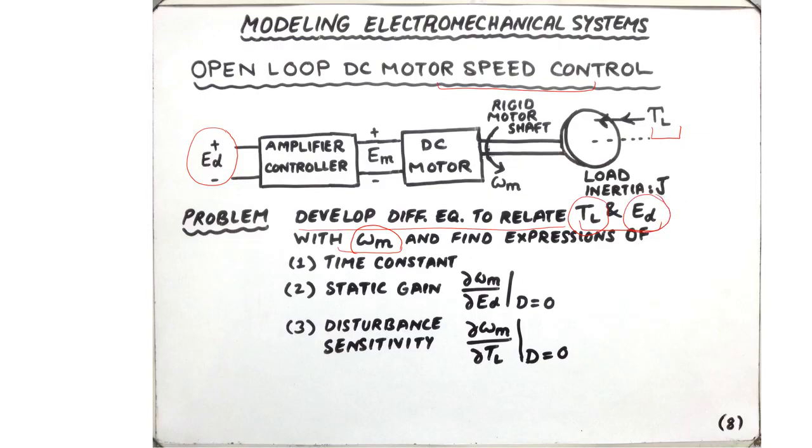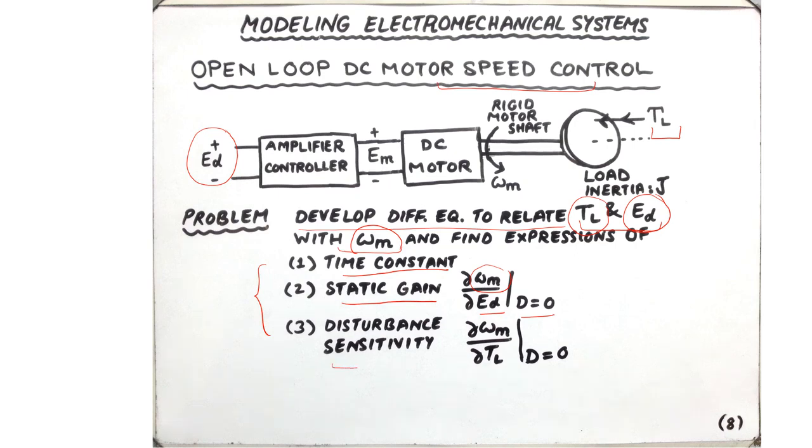And with the help of that differential equation, we shall then try to find out the expressions of the time constant, the static gain, which is the partial derivative of the speed with respect to the supply voltage when the derivative operator is set equal to 0, that is capital D equals 0.